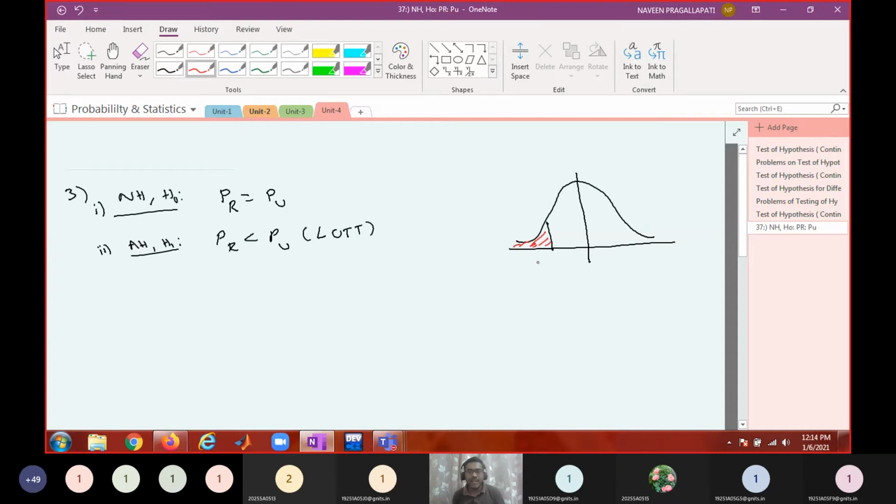Now it is going to be minus Z alpha. What is minus Z alpha? If it is 5%, minus 1.645. So for the third one, level of significance alpha equal to 0.05. Critical value.